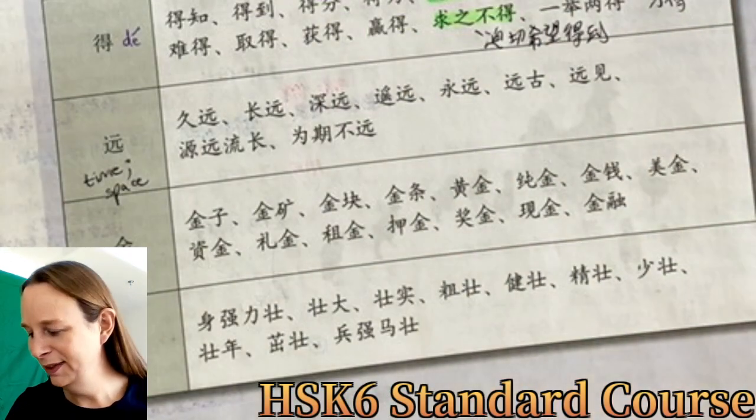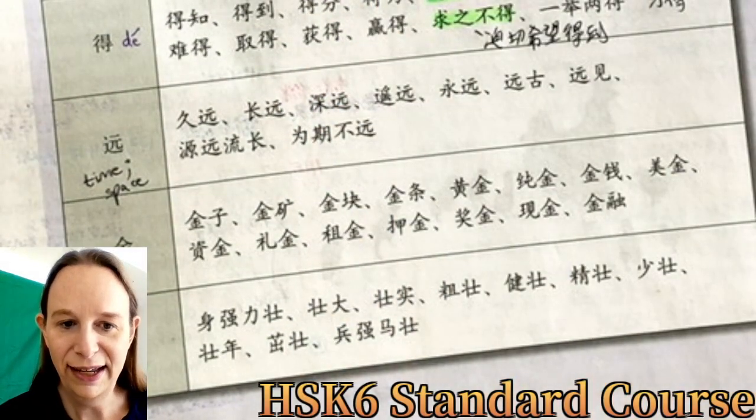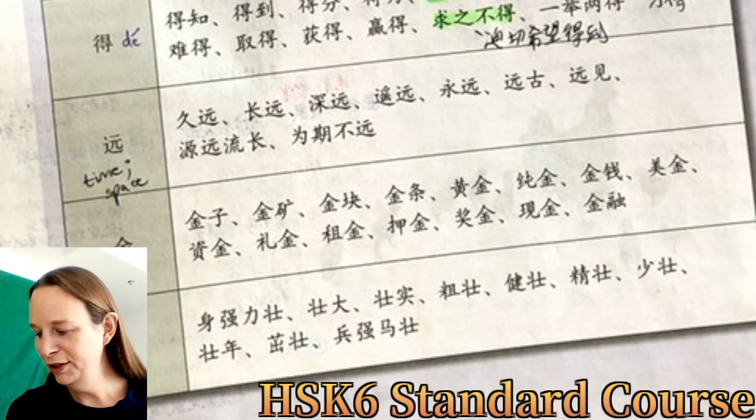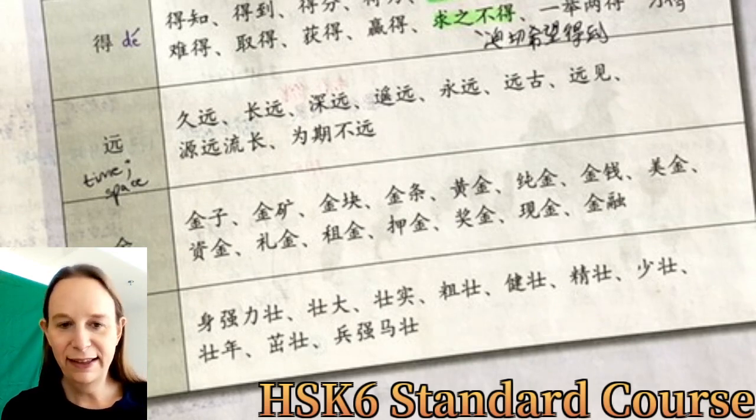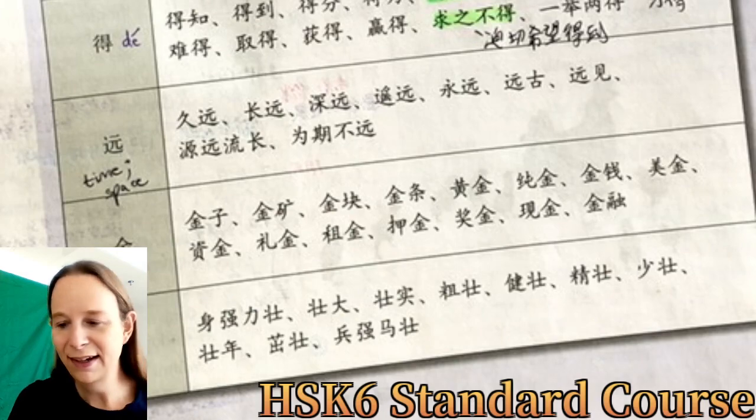Right, 长远. Next 深远. 深远 is long in the sense of deep. I think this is only used metaphorically to mean like profound.